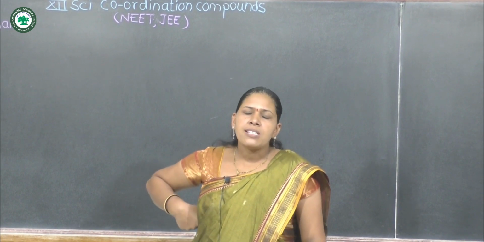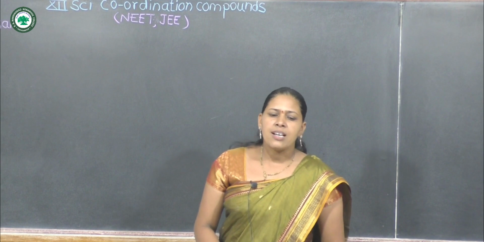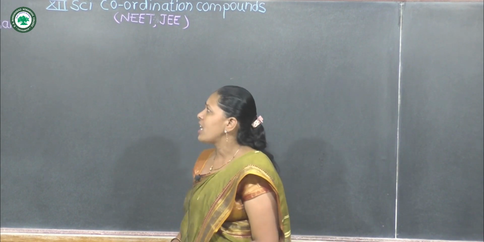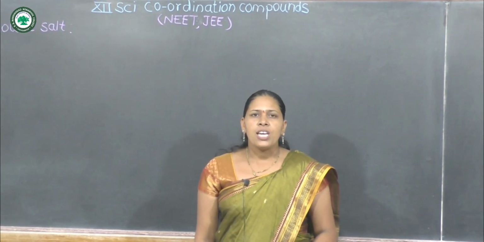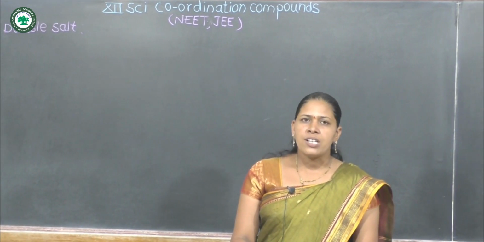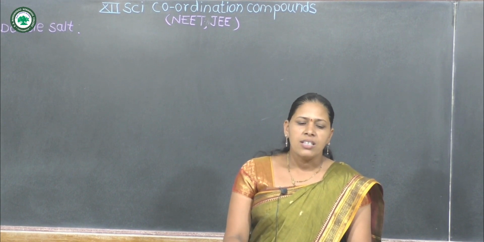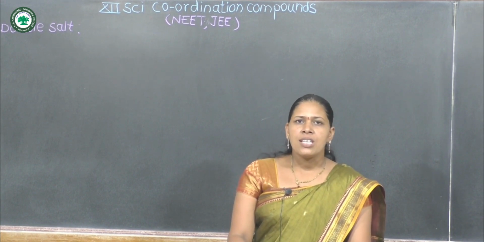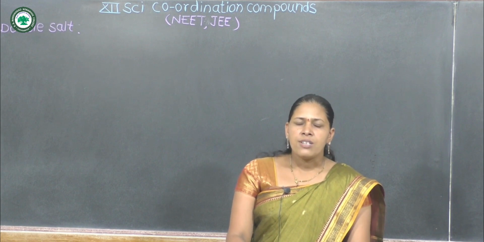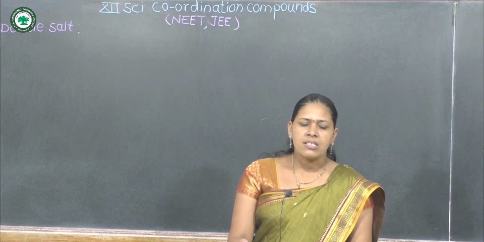There are many examples of double salt. First example, potash alum. Its formula is K2SO4, Al2(SO4)3 and 24 water molecules. This is an example of double salt. Another example of double salt is ferrous ammonium sulfate, also called FAS.